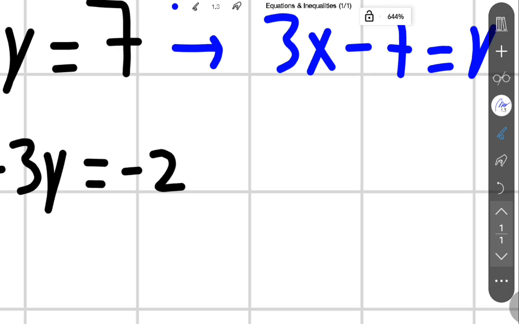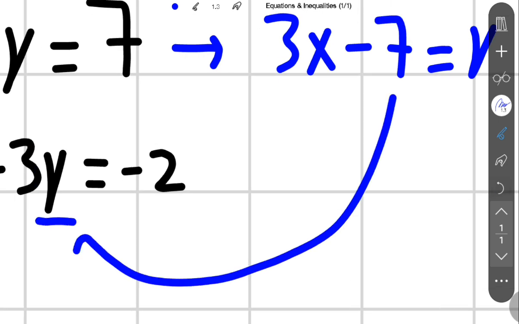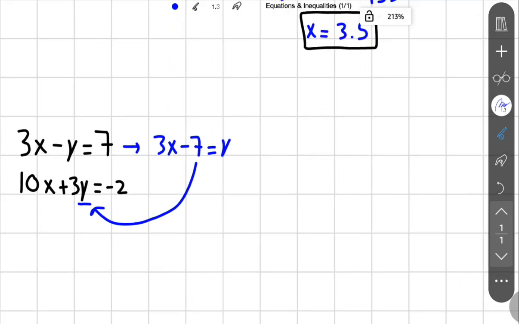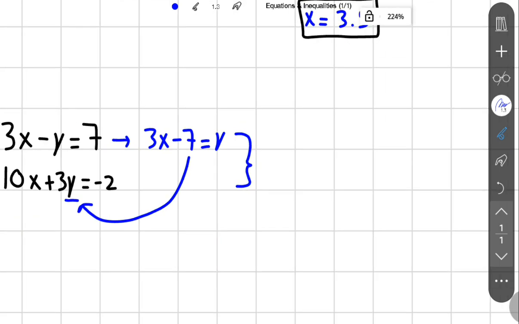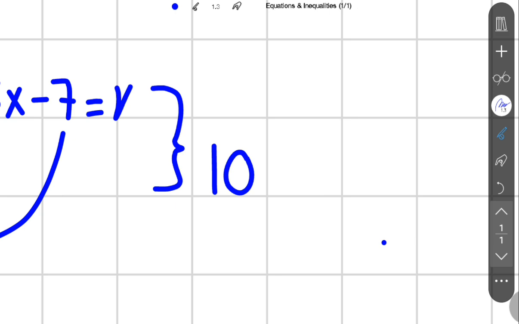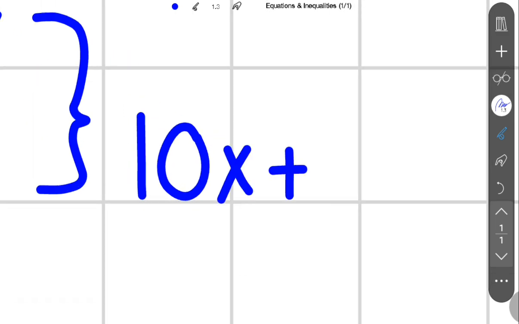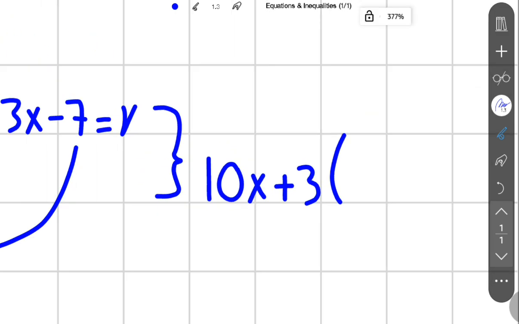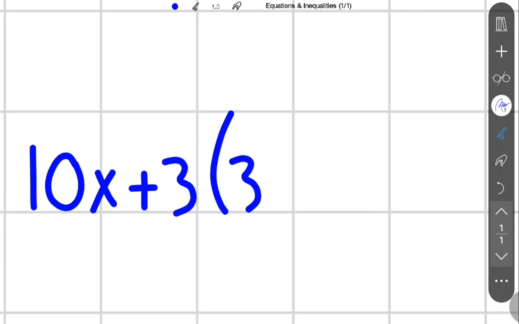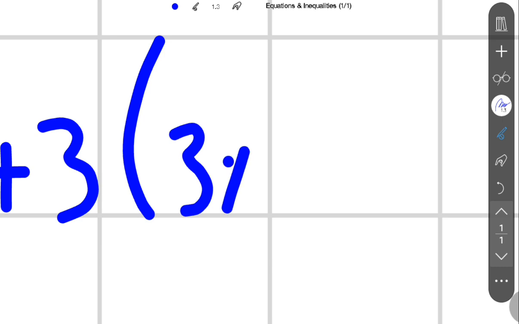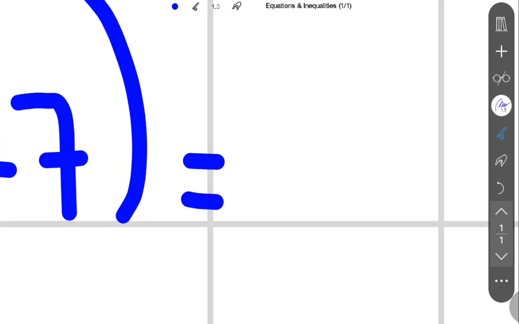Now, you see this y, we could just replace it, and we'll be solving the whole thing with respect to the x variable, since it's the only variable there is. So now if we do that, we'll be left with 10x plus 3, open bracket, and just replace it: 3 times (3x minus 7), and this whole thing is equal to -2.